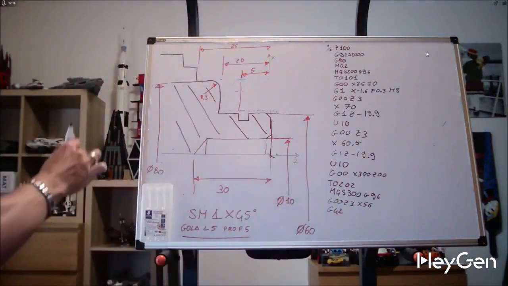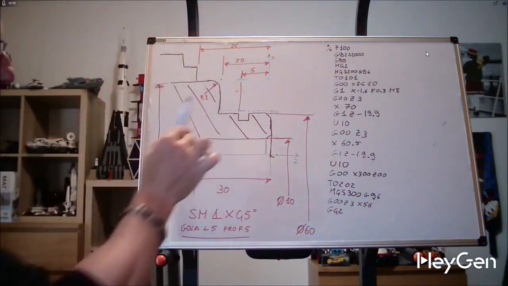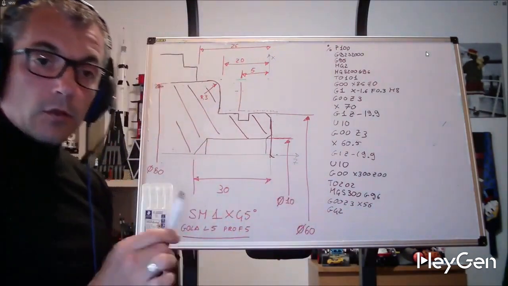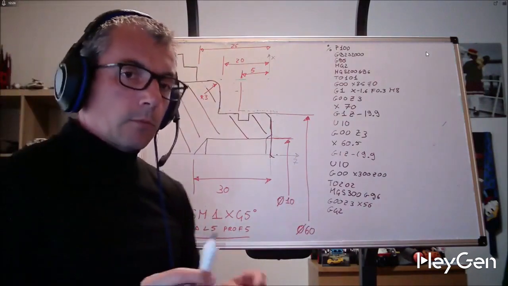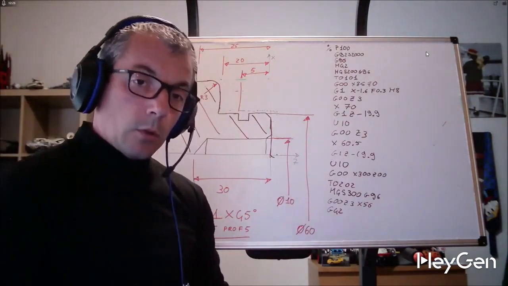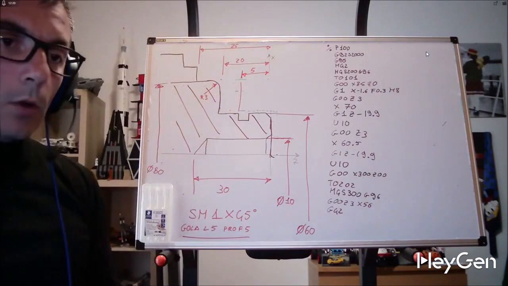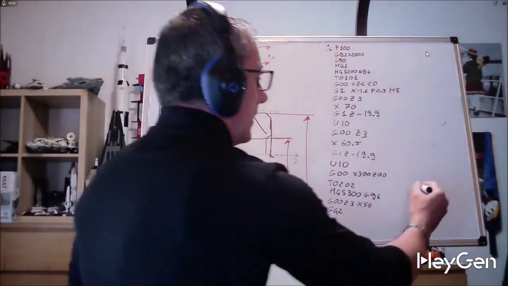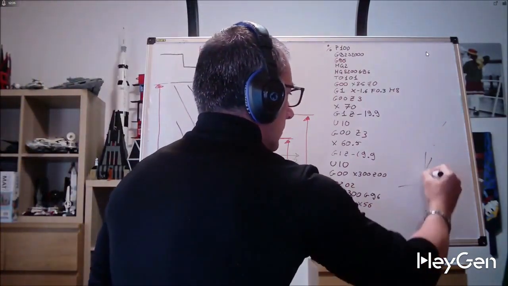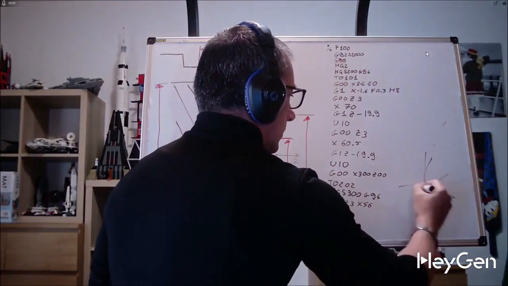G42 will work well if in the tool table, and we will see this later when we do the first program in the simulator, we have inserted the correct tool radius and a small drawing. I would say the correct orientation of the tool.